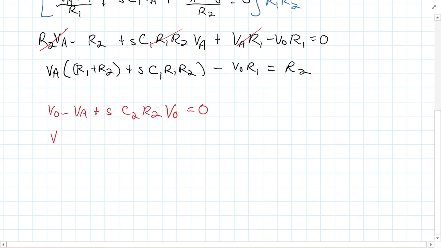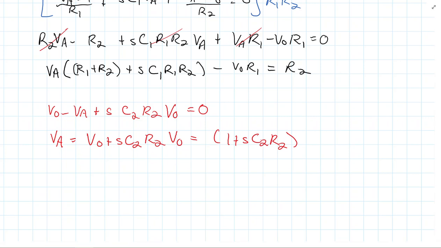So I just get VA is equal to V out plus SC2 R2 V out, which of course is equal to 1 plus SC2 R2 times V out. So now we're going to go ahead and substitute this back in.